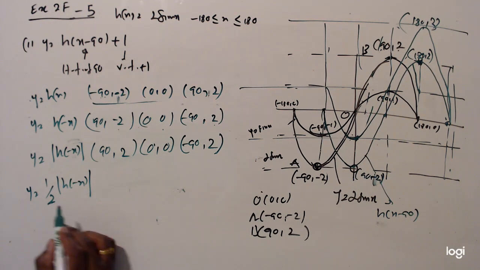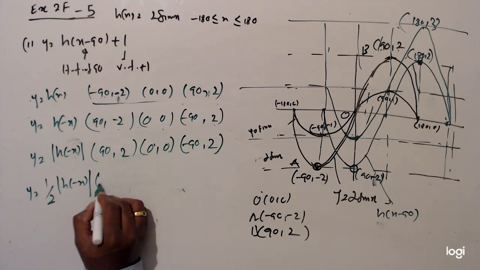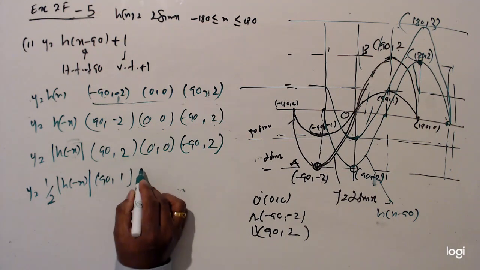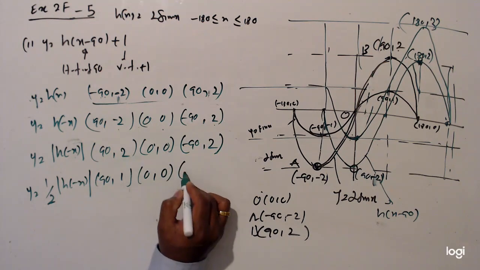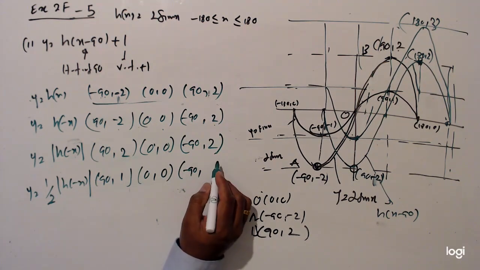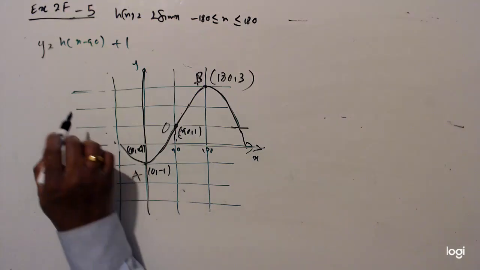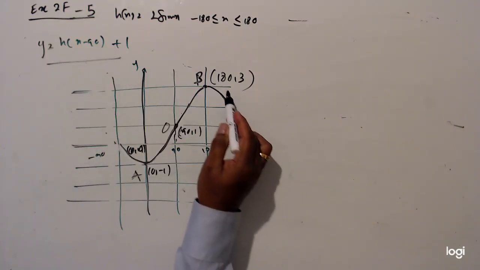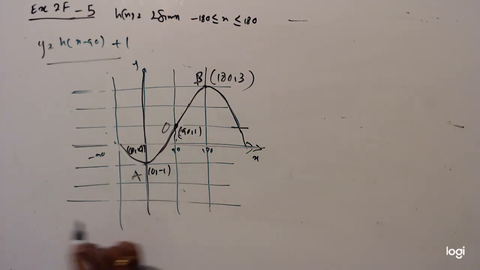And this method is to halve all the y values. So 90, 1, and 0, 0 divided by 2 is 0. Minus 90, 2 divided by 2 is 1. This is the graph for this one: B is 90, 1, and A is 0, minus 1.